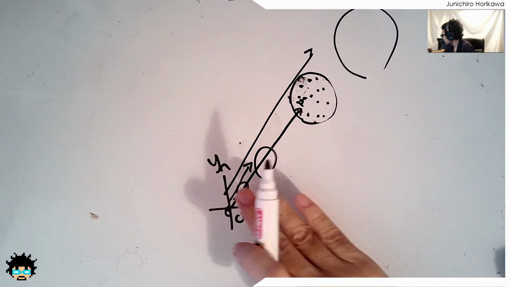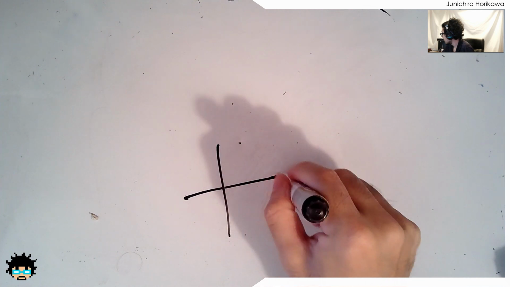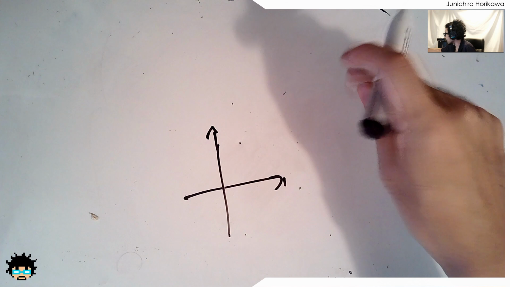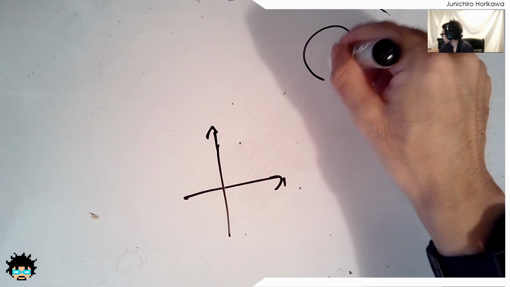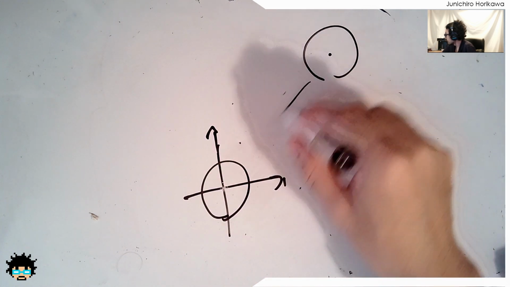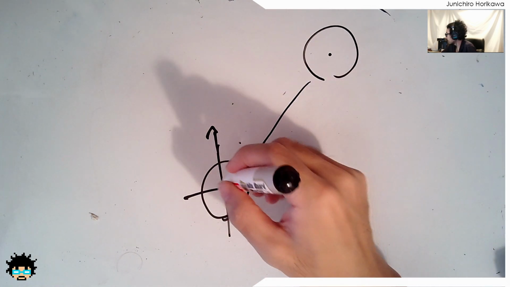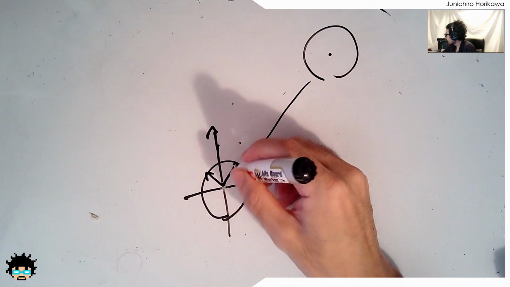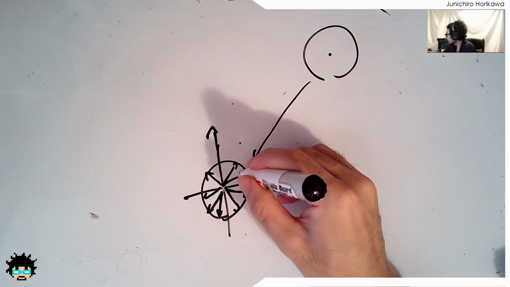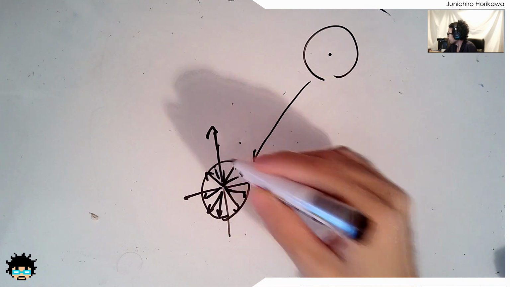So the key is to first move the whole set of points so that the center of the sphere comes to the origin first. Then in this case, each of the points on the surface of the sphere will have a vector like this.